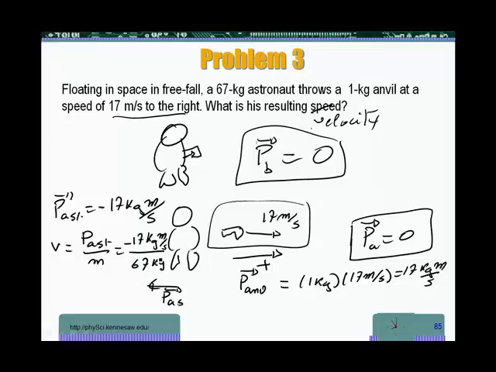So that's going to be 17 divided by 67. I'm calculating it here on the side. Minus 0.25 meters per second. The minus tells me he's moving towards the left.